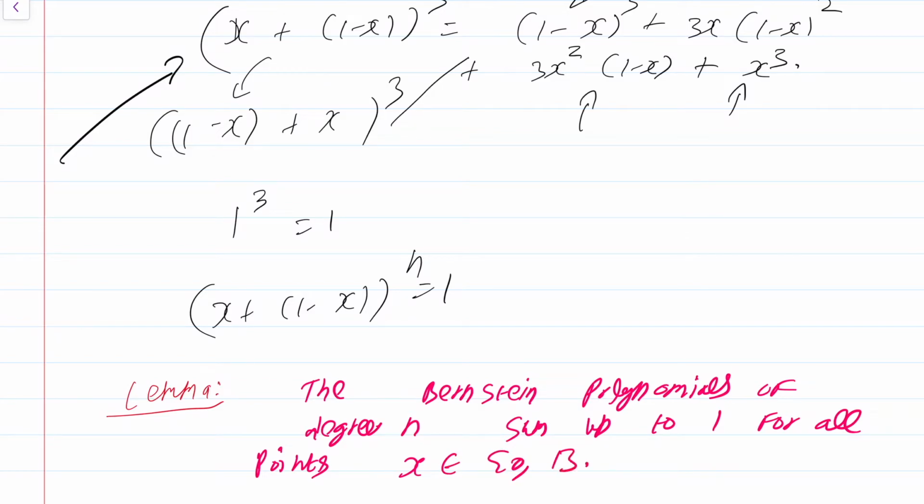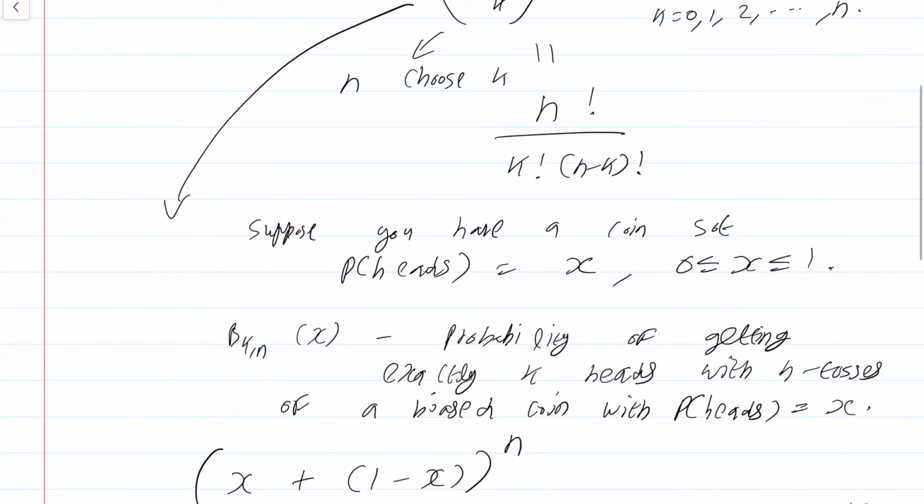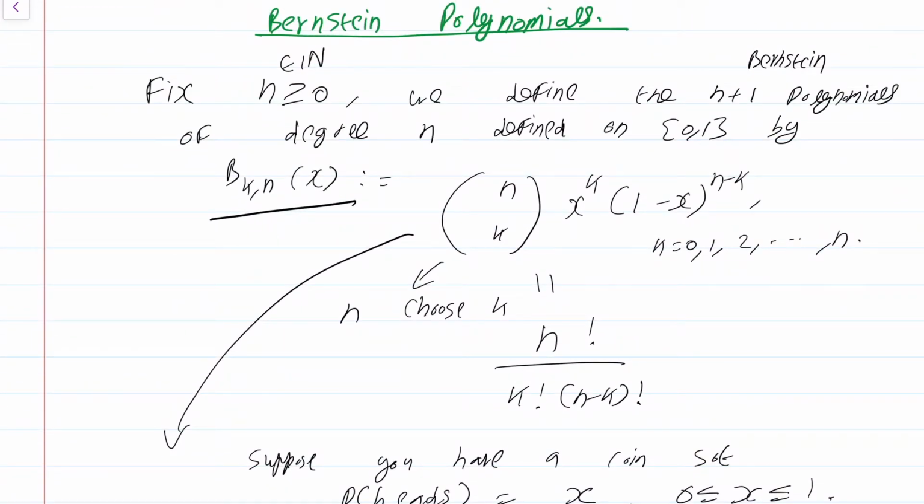Now again going back to this probabilistic interpretation, b k comma n of x is the probability that you get k heads when you do n tosses with a biased coin with probability of heads being x. This result is obvious because when you toss a biased coin n times, either you're going to get 0 heads, or 1 head, or 2 or ... n heads.